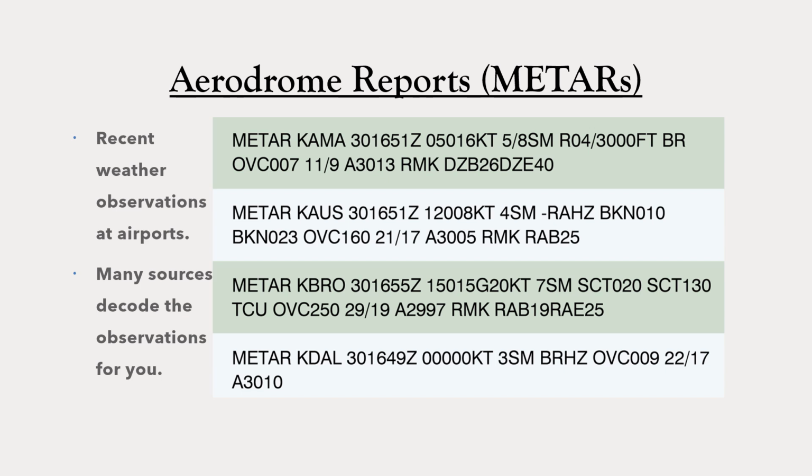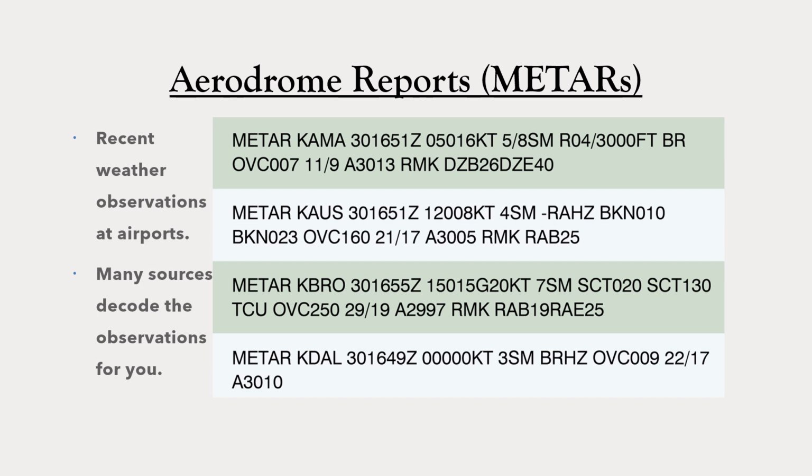Occasionally on the knowledge exam, they'll combine testing your ability to read the METAR with your understanding of what constitutes a ceiling by asking you a question like, what is the ceiling at a certain airport? So scattered layers and few cloud layers don't count as a ceiling, but broken and overcast do.